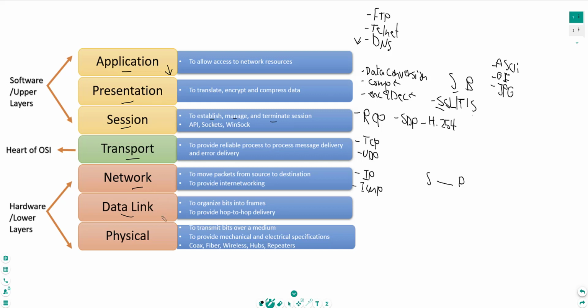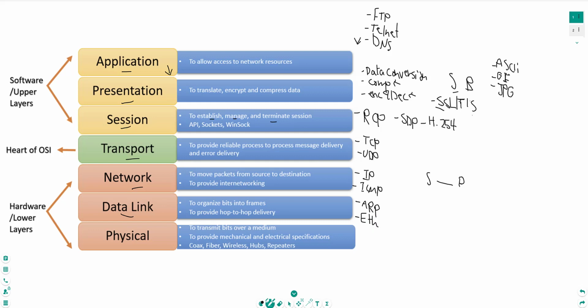Also, it has some error control and flow control mechanisms. One of the protocols at the data link layer is ARP, and I'll explain how ARP works in the next videos. And another protocol, the most common, is Ethernet.